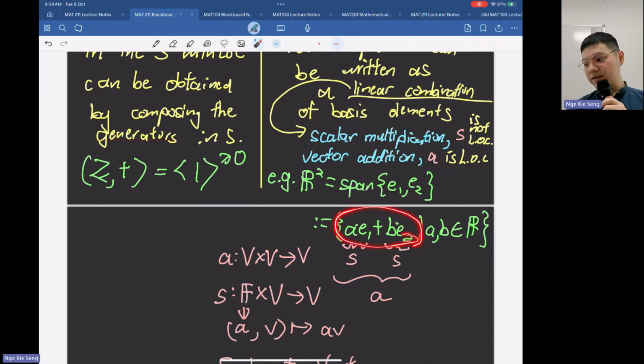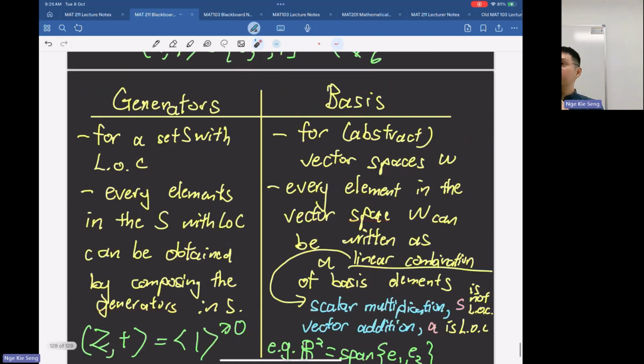Whenever you see the word linear, it means two things: scalar multiplication and vector addition. In linear algebra, there are really only these two operations you can do. That's why it's called linear algebra. That's all. Any questions so far?